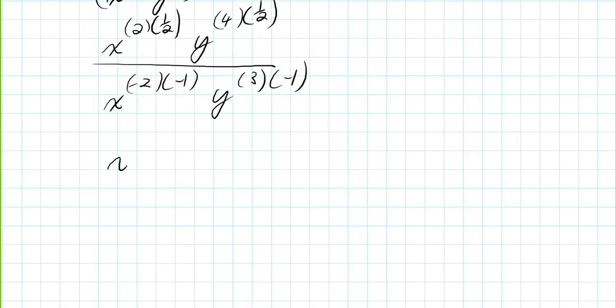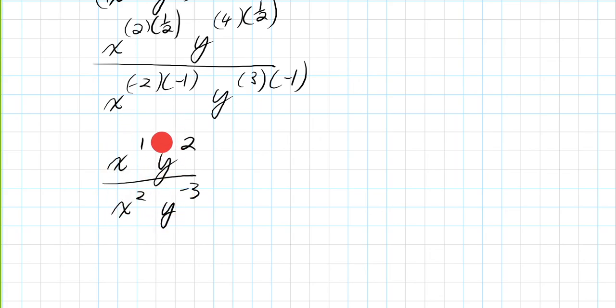So we'll get x. 2 times a half is just 1. And for y, 4 times a half is just the number 2. X, -2 times -1 is +2. And 3 times -1 gives us -3. So all of our exponents are almost okay. I mean, we don't have to write the 1 in, but this one's negative, okay?